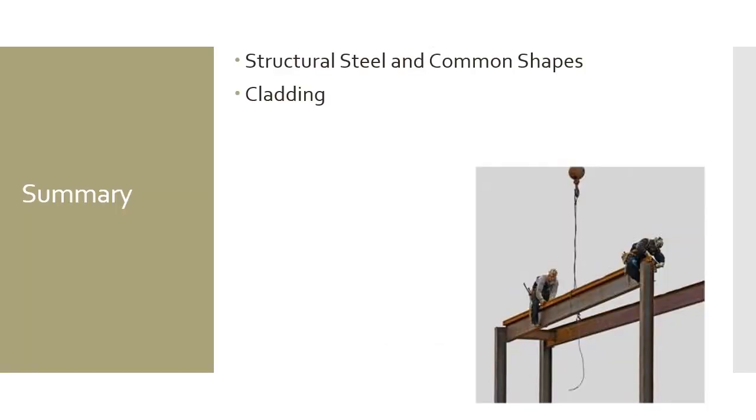Summary. Okay, we covered structural steel and common shapes, and we also talked about cladding. With the structural steel shapes, we talked about I-beams and tubing and nominal wall thicknesses and pipe schedules. There's a lot of material there to digest, but if you're going to be a boilermaker or a pipe fitter, you're going to need that information so you can talk to your coworkers and understand instructions. We talked about a couple of different types of cladding.